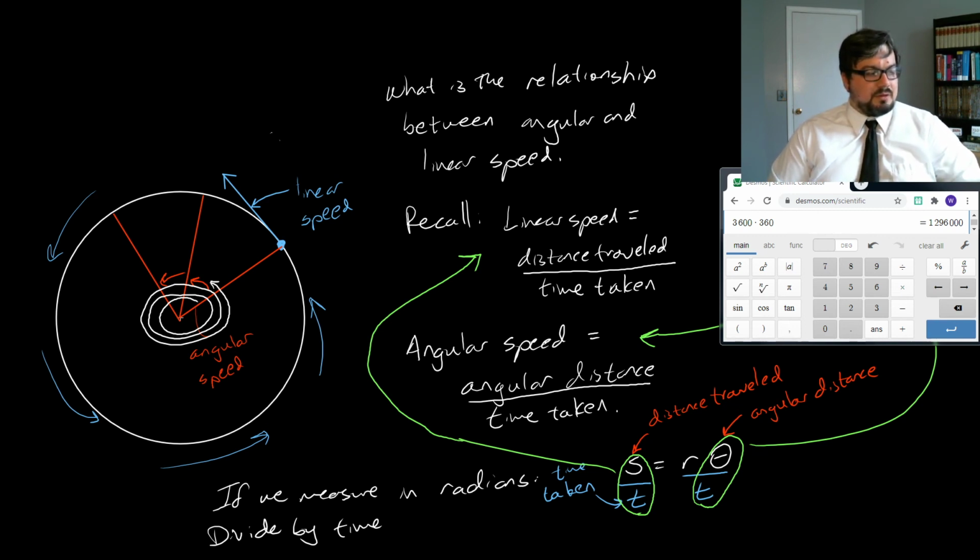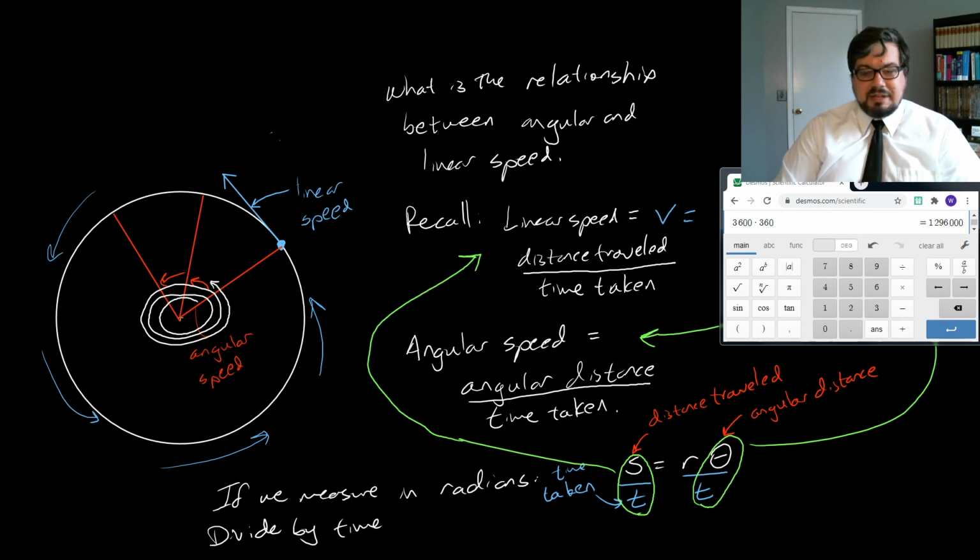And so we can get our formula relating angular speed and linear speed, and the point is it's basically the same formula. It's based almost exactly on the same formula that we had before. So we have that linear speed is equal to the radius times the angular speed. Now, often we will use the notation v for the linear speed or the linear velocity.